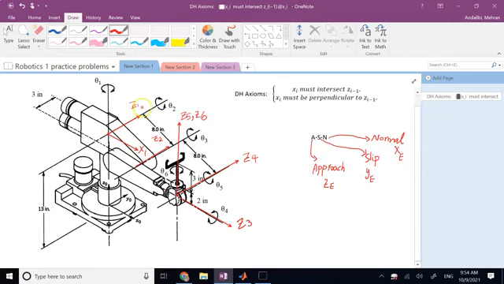So here, that's your x1, that's your z1, and y1 has to be such that the system is a right-handed system. Therefore, y1, the only choice for it is downward, like this. So y1 is automatically determined. Many people, when they do DH, do not even show the y-axis because it does not have much importance.